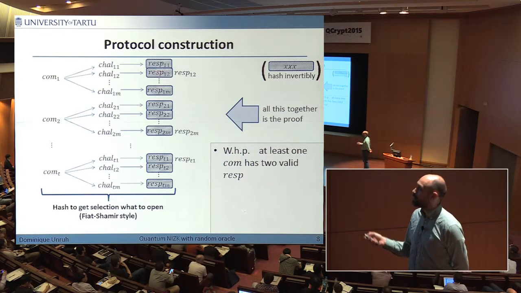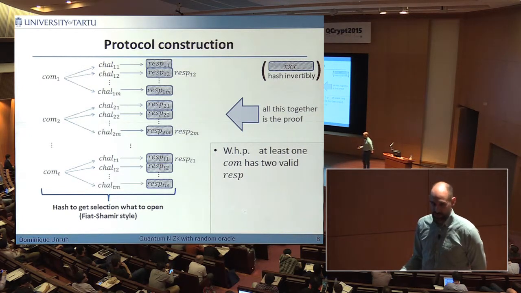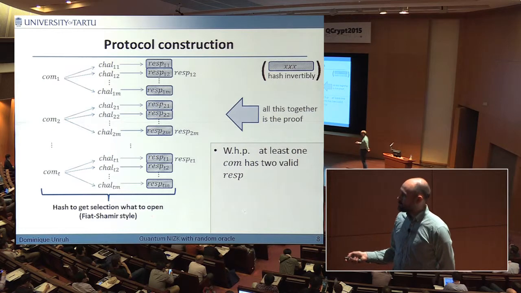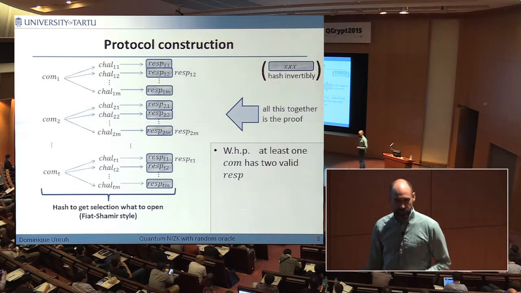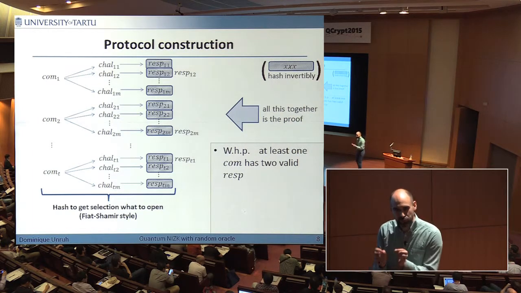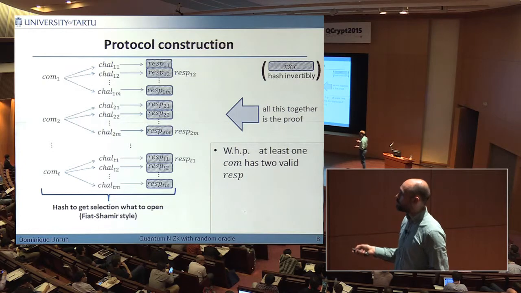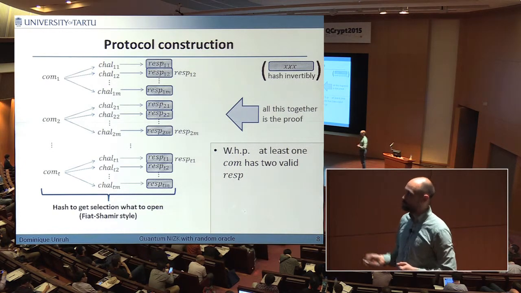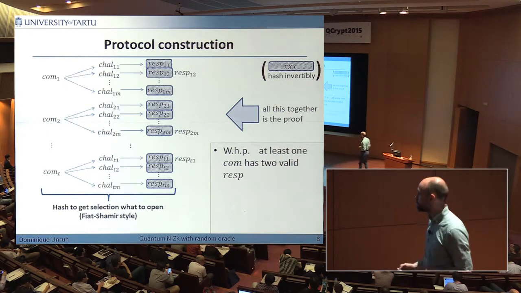So, security analysis: with high probability, at least one of these commitments must now have at least two valid responses. Because if each has only one valid response in these hashes, then the probability that the ones we are told to open from the hash function will be the few ones that are correct will be low, and the prover will fail. So if the prover manages to open one response in each block, then at least one block should have two responses.